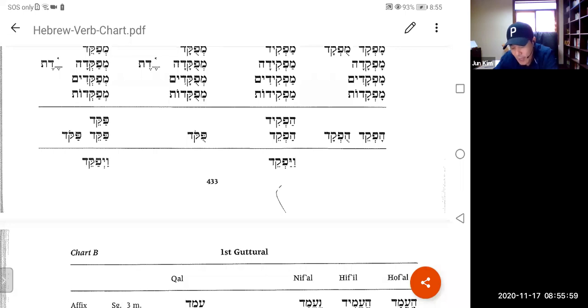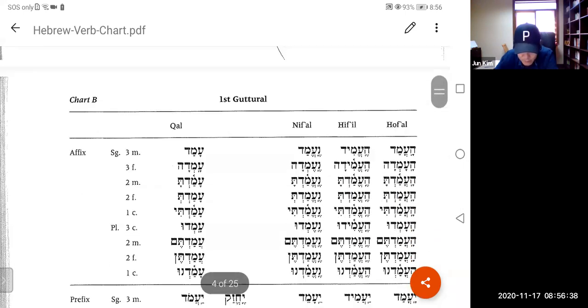Why? Because they are all taking preformative he and kamets hatuf or he and qibbuts. So you need to pay attention to the secondary clues, which are the vowel points under the first and then second root letters. So I think it's impossible for you to remember everything here. So just understand that dealing with Hofal stem, you gotta be careful with the 3MSG affix form and the infinitive.